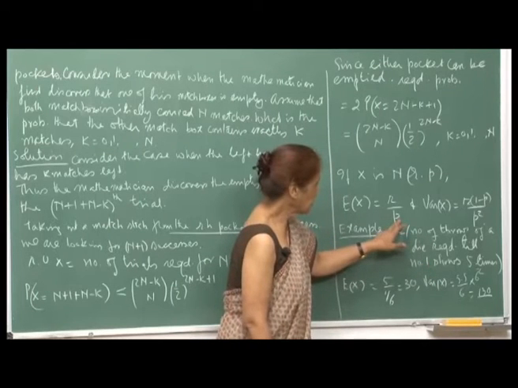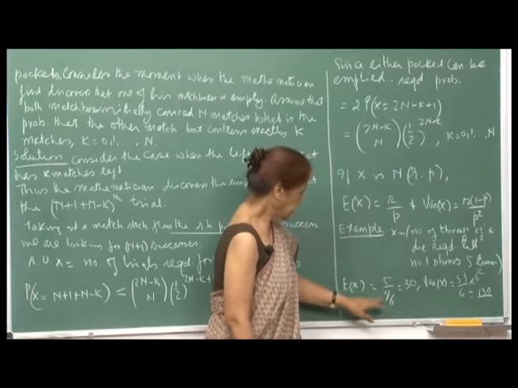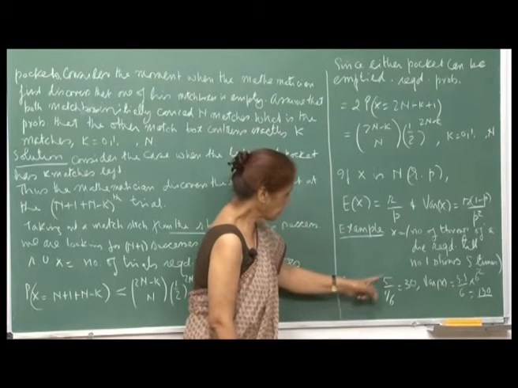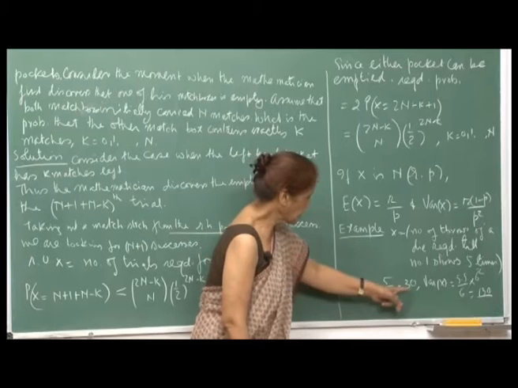So, our p is 1 by 6, r is 5, and therefore, by these two formulae, the expected value of x is 5 upon 1 by 6, which is 30.